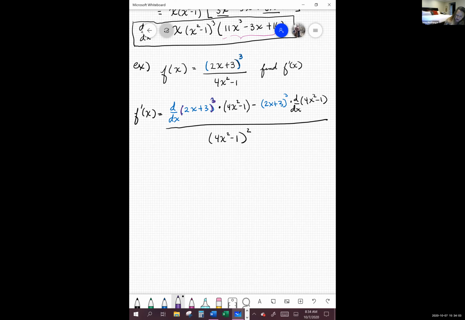So chain rule here. When we take the derivative of 2x plus 3 quantity cubed, I'm going to bring down my power, 3, of the inside, 2x plus 3. Subtract 1 from my power, so that's now a square, times the derivative of the inside. So times d dx of the inside, which is 2x plus 3.